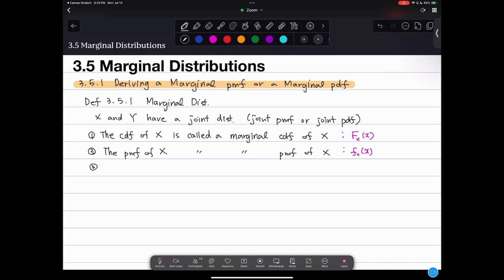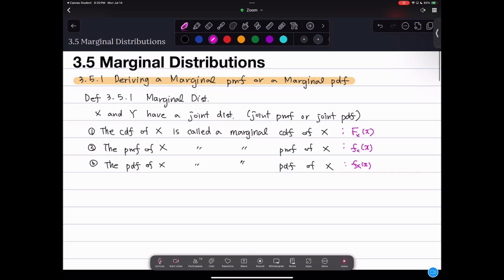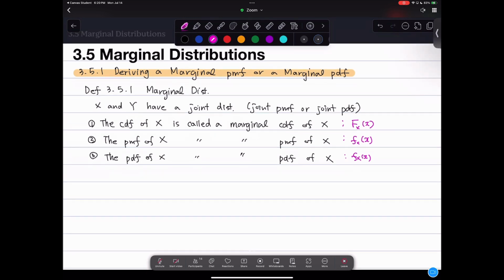And I can go the PDF of x alone, that's called the marginal PDF of x. Again, this is f with subscript x, so that this is about the x alone.